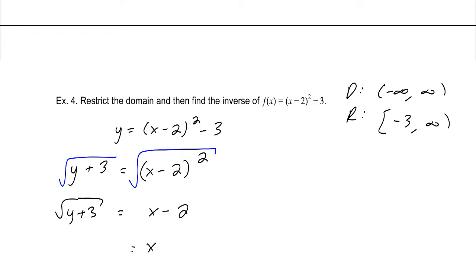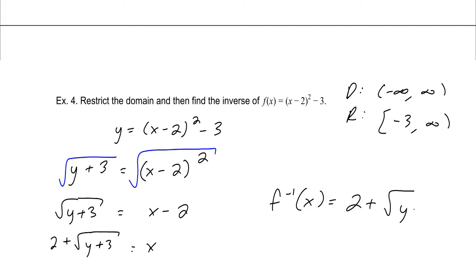Adding 2 to both sides, this is 2 plus the square root of y plus 3. Because our domain for the inverse is greater than negative 3, this works just fine. This function is defined. So f inverse of x equals 2 plus the square root of x plus 3.